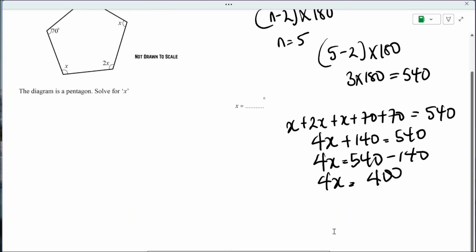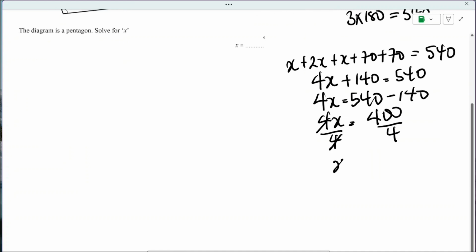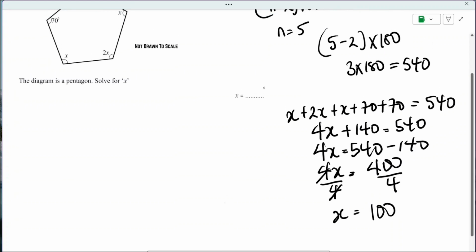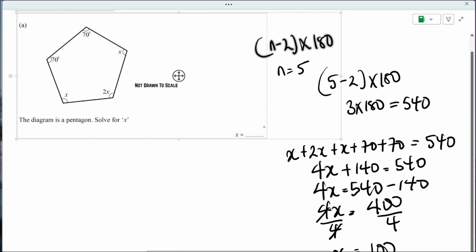Next, we get the coefficient of x, which is 4, by dividing both sides by it. So we divide this side by 4 and this by 4. 4 cancels 4. x equals 400 divided by 4, which will give you 100. x is therefore 100. So the answer to this question is 100 degrees.